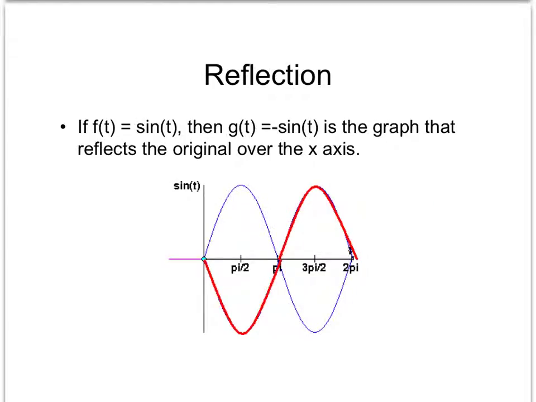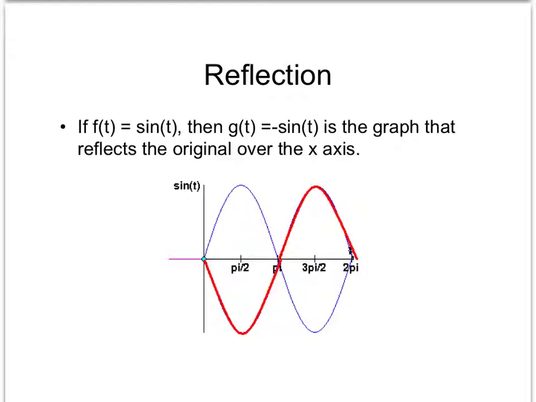The next transformation we're going to talk about is called the reflection. Right now we're going to reflect over the x-axis. So as you can see, this blue curve is the original sine curve. And when I flipped it over the x-axis, I get the red sine curve.